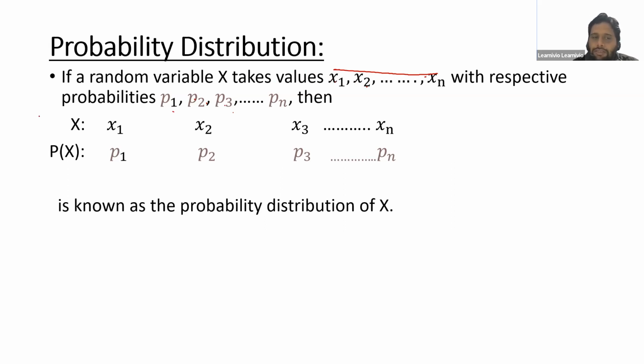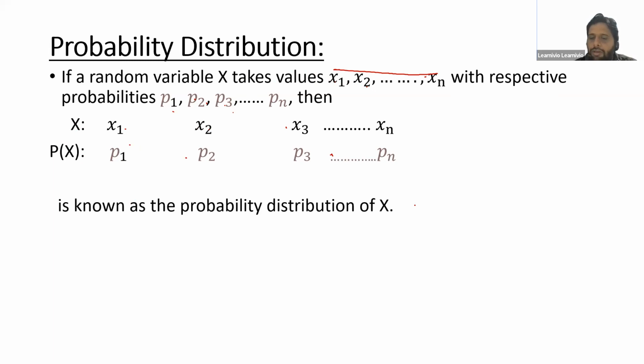Then here we write X with x1, x2, x3, and here we write their probabilities. This tabular representation is known as the probability distribution of X.